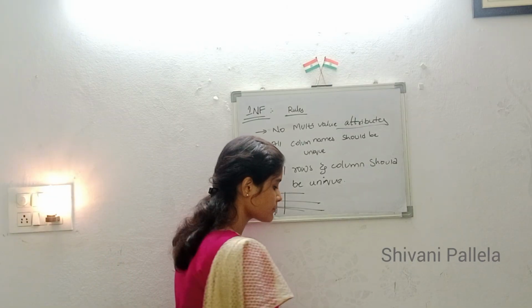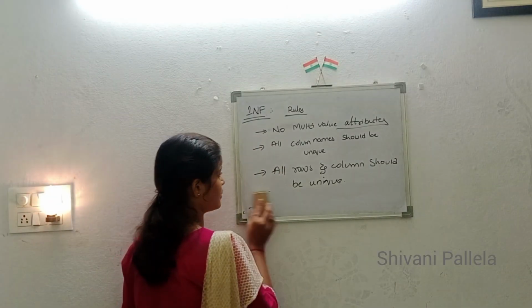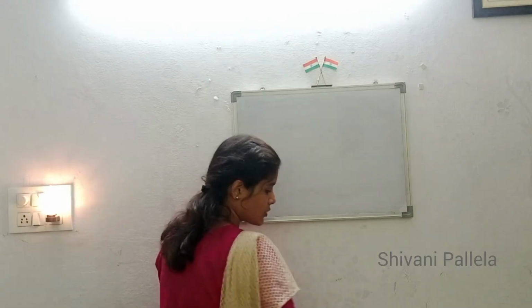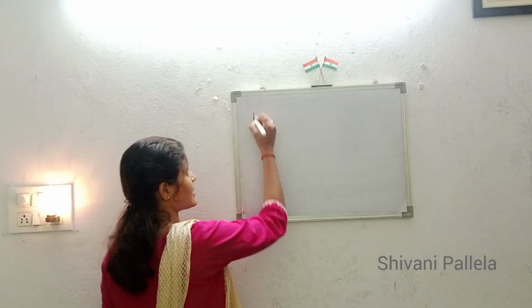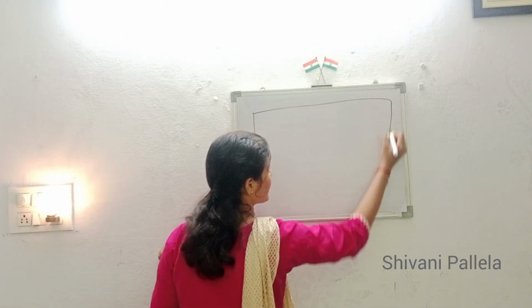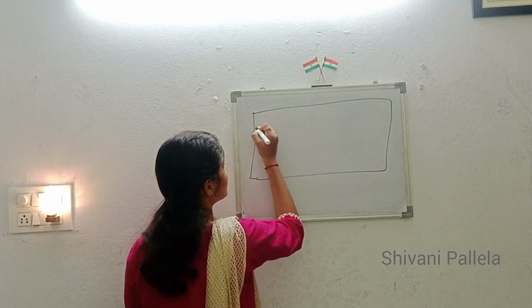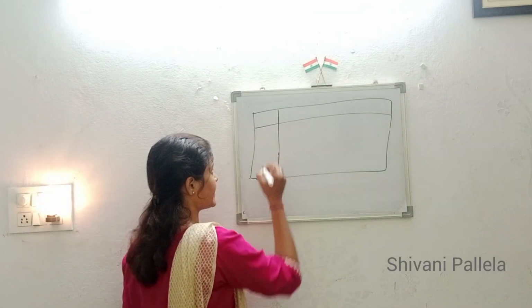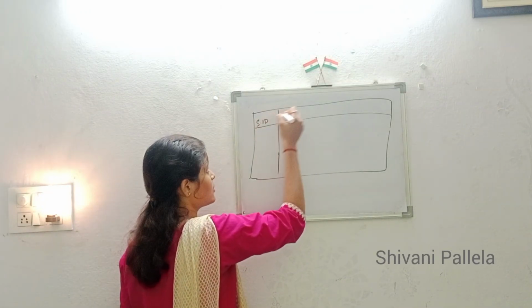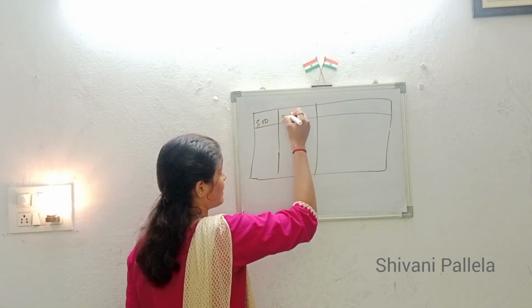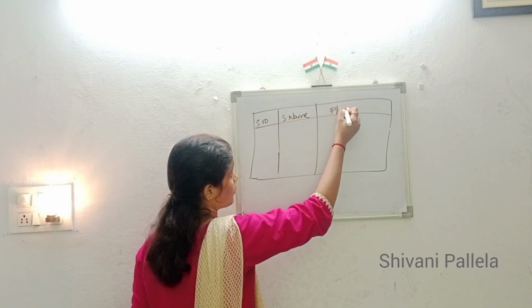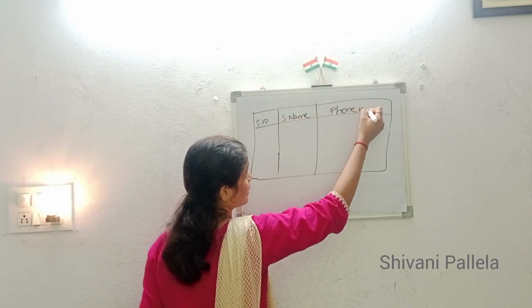For example, we will look into an example. If I am inserting the data like this, it's my data table. Here I have student hall ticket number, student ID, student name, and student phone number.